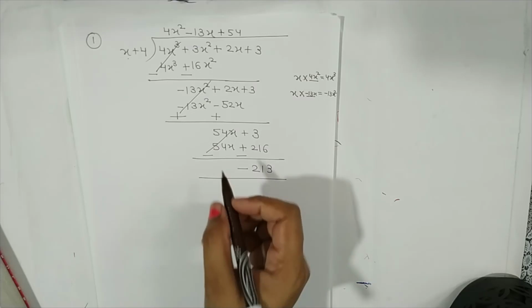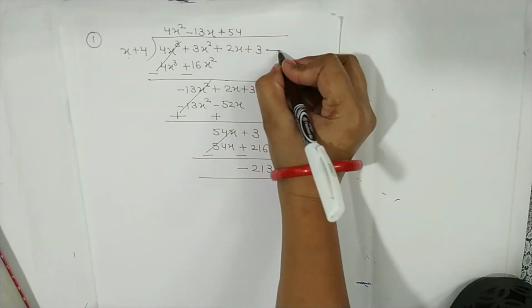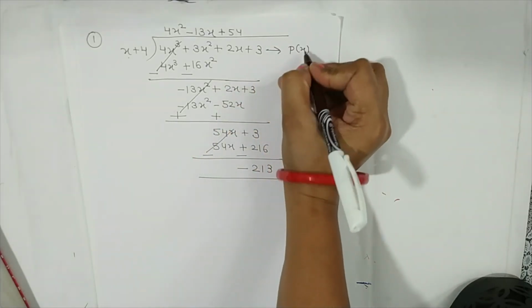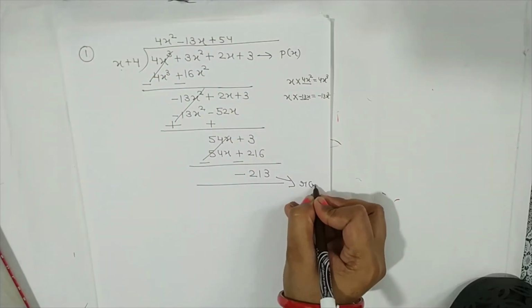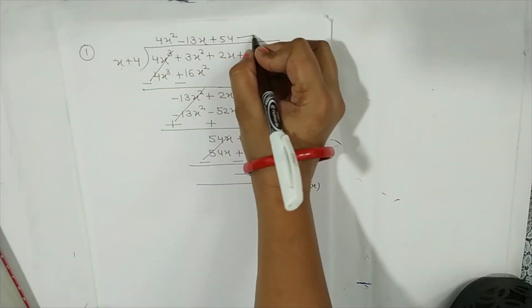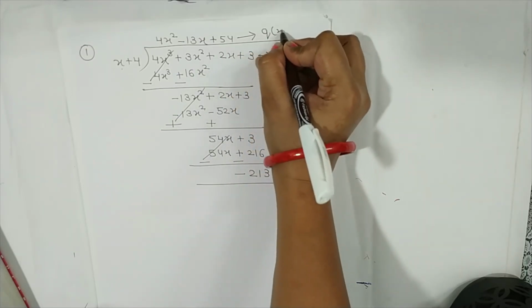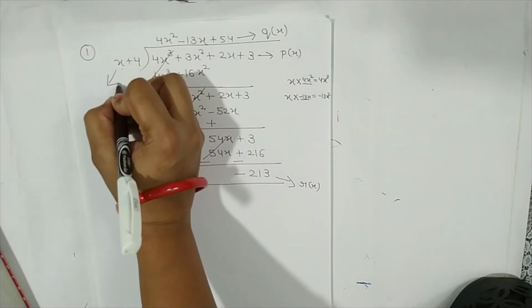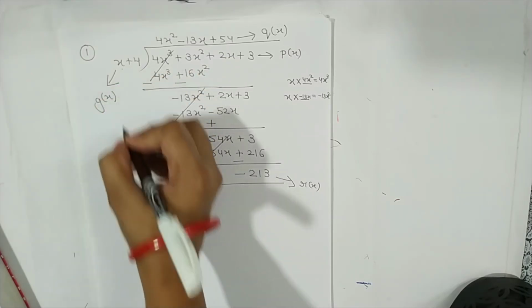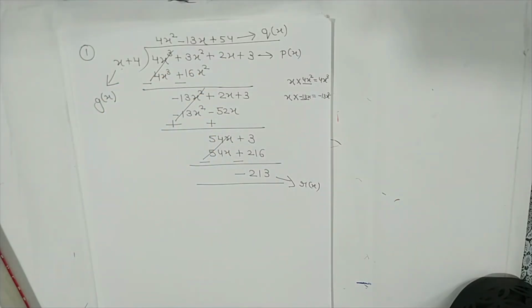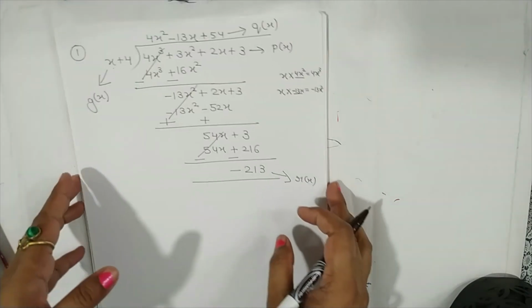That is the dividend, so it is called p of x. Then this is r of x, and this is the quotient, so it is called q of x. It is the divisor, that is g of x.